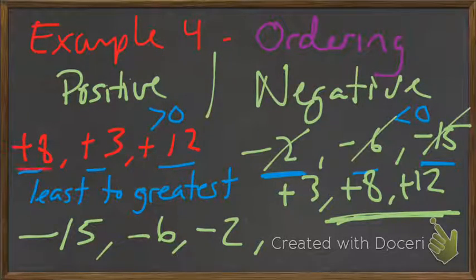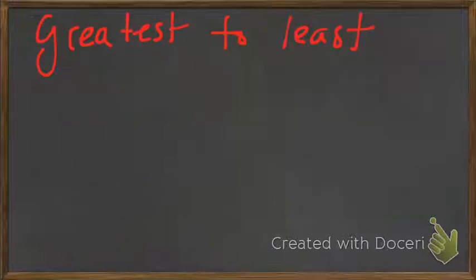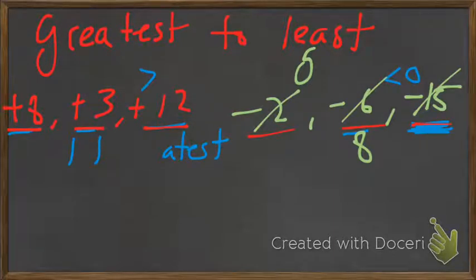So I've got positive 8, positive 3, positive 12, negative 2, negative 6, negative 15. In fact, I'm going to copy all this. Oops, I didn't mean to cut that. Oh well. There we go. That should be fine.